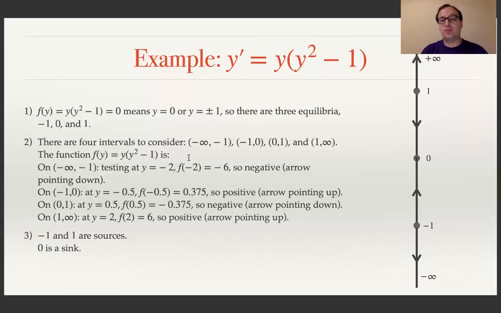Namely, we just pick one point in each interval, and we test the sign of f at that point. So on the interval minus infinity to minus 1, for example, we can pick the point minus 2. And f of minus 2 is minus 6. So f is negative, where f again is y times y squared minus 1.